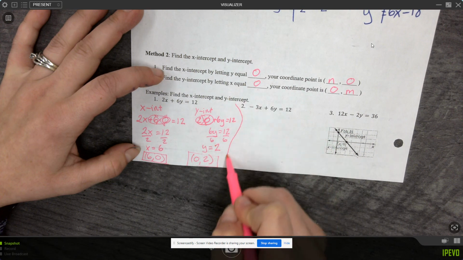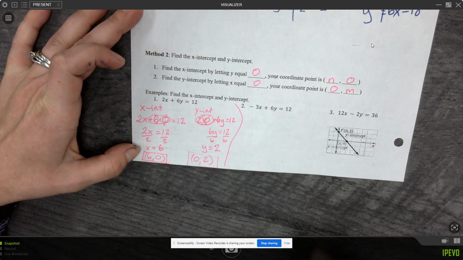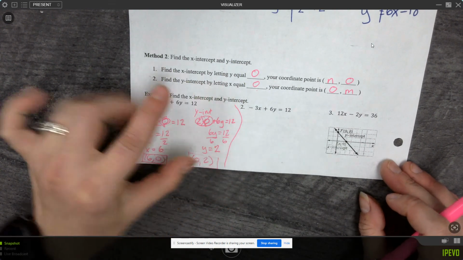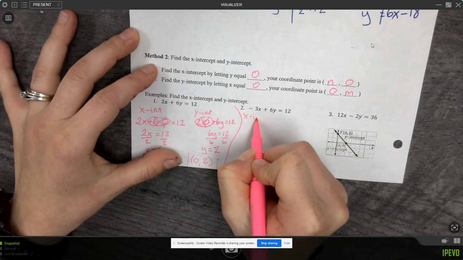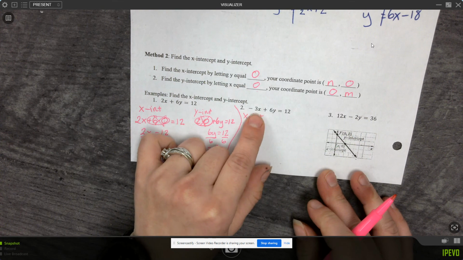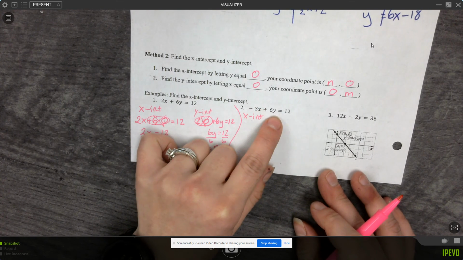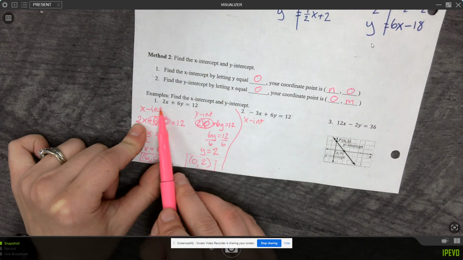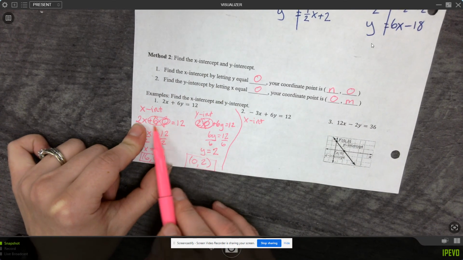All right, example 2. Now there's another way to do this. It's the same process, just another way of seeing this. When you're looking for your x-intercept, you need the x term, but the y term is going to go away. That's what happened here. I have the x term, but the y term went away.